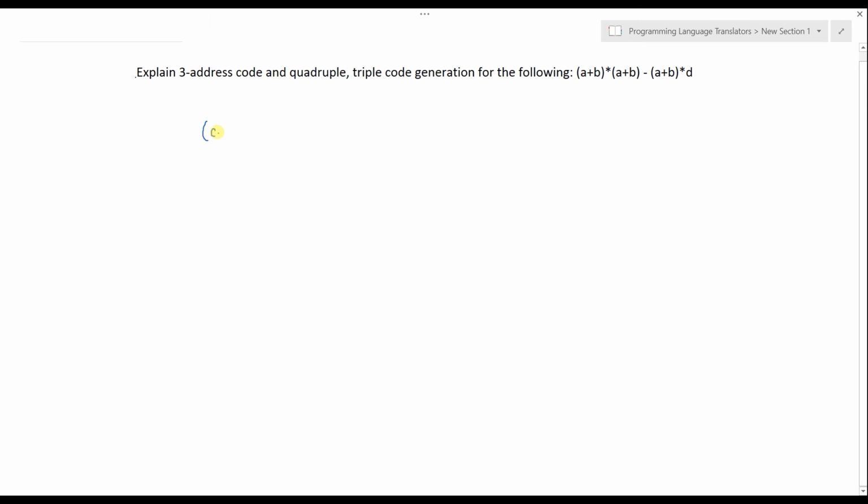So here we take the example (a plus b) star (a plus b) minus (a plus b) star d. So we'll take a temporary variable t1 which would be a plus b, and another temporary variable t2 which would be t1 star t1.